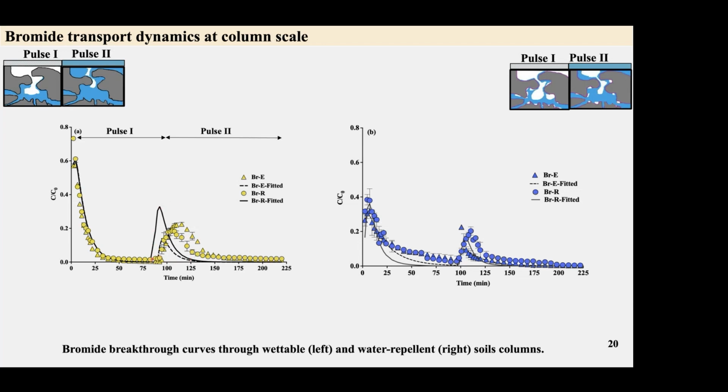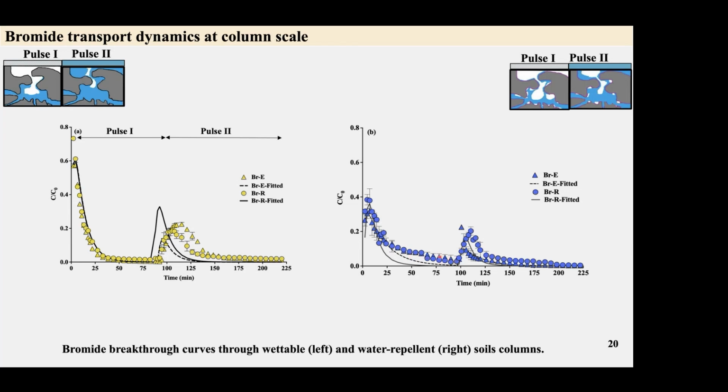The model predicted the peak sooner than expected. But interestingly, we were able to model the second pulse much better than the first pulse. This means that when we have water repellency in soil, that would be a problem for prediction of bromide transport.